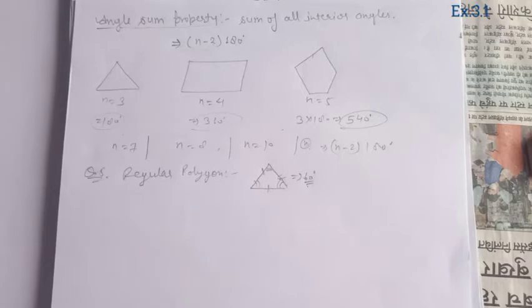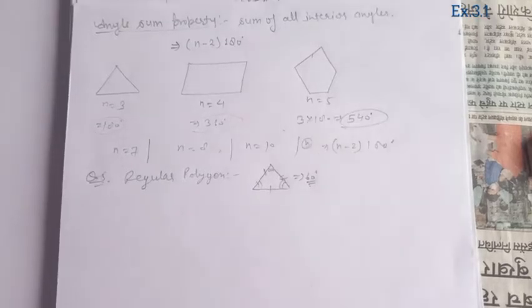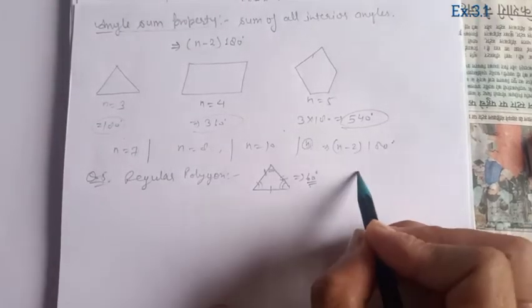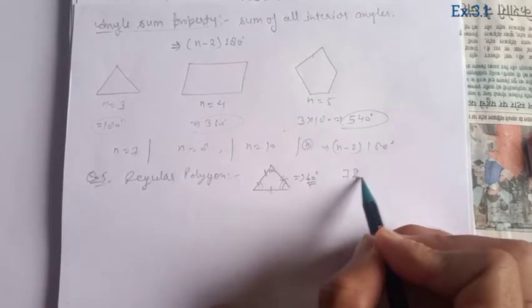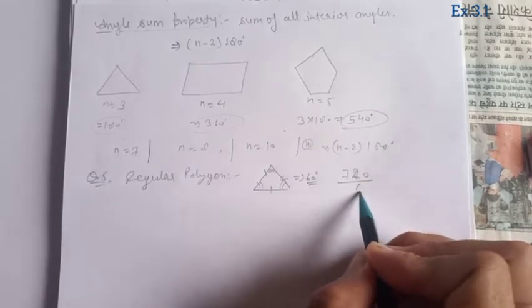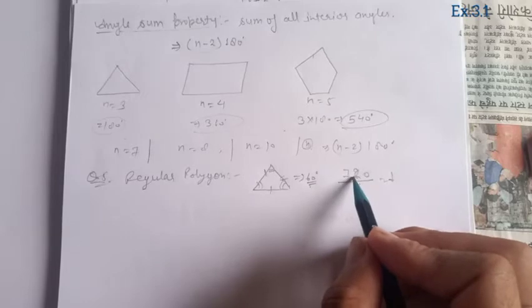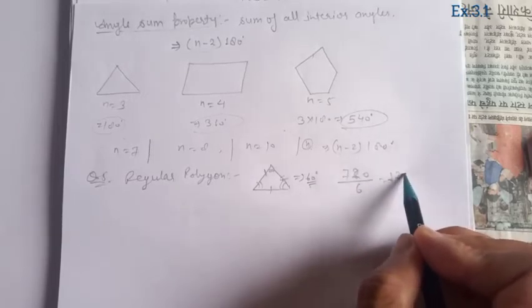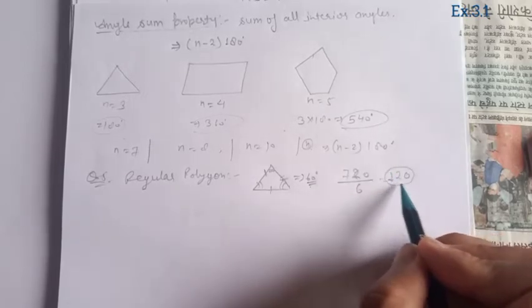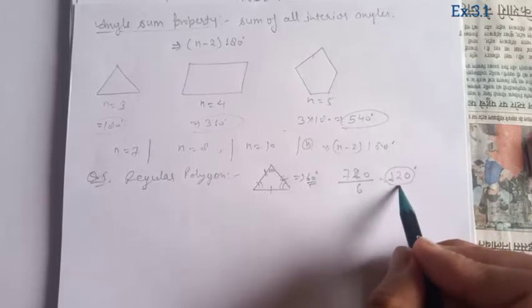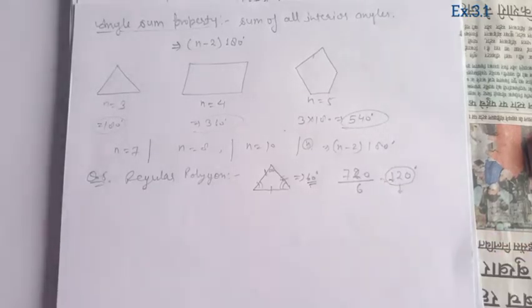Regular hexagon means all the lengths of the sides are equal, as well as each angle is equal. So the angle sum property of a hexagon is 720. 720 divided by 6: 6 1s are 6, 6 2s are 12, 0, means each angle is 120 degrees, and all angles are the same, means each is 120.